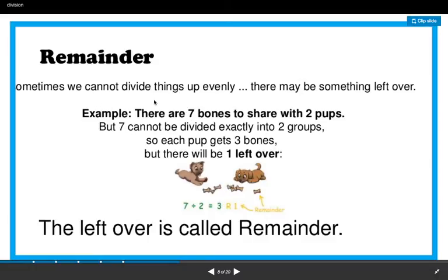But when they're not divided equally, you'll have a remainder. So here, our example is there are 7 bones to share with 2 pups. 7 can't be divided into 2 groups. So each pup will get 3 bones, and there'll be 1 left over. So 7 divided by 2 equals 3, with a remainder of 1.